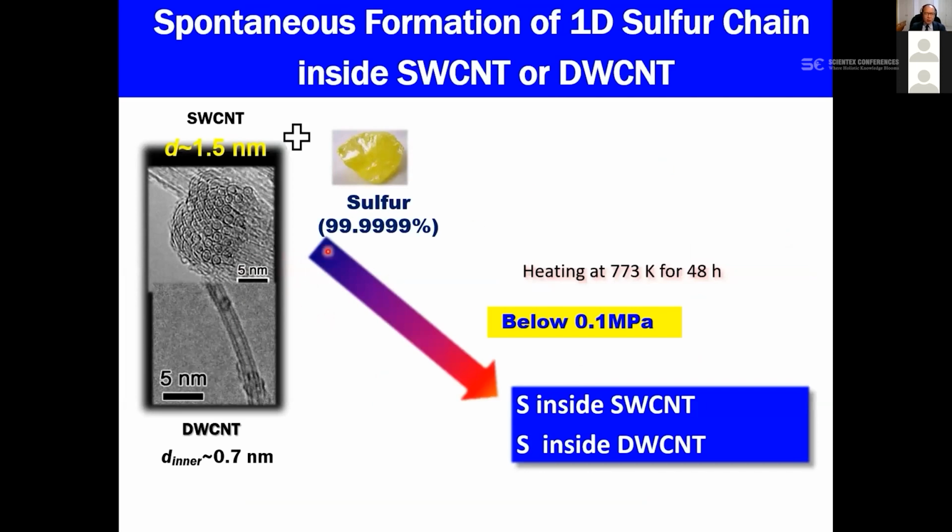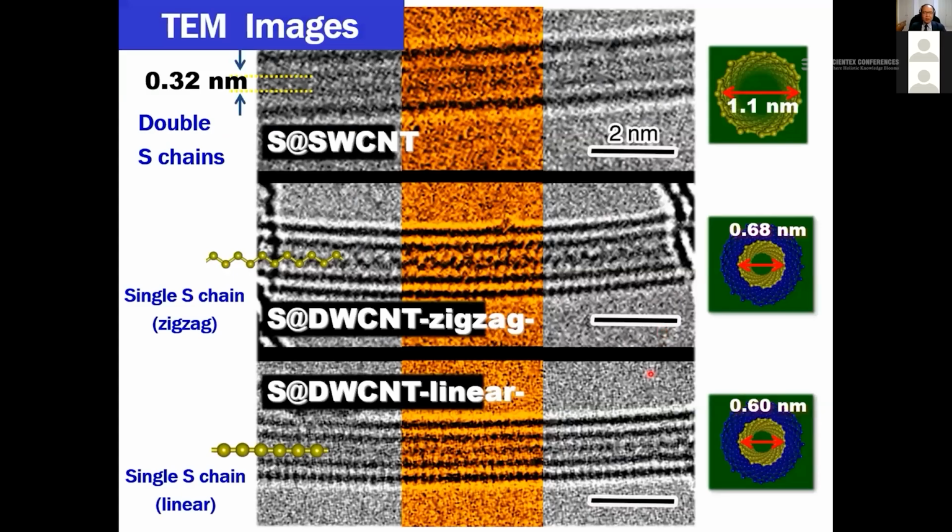We introduced the sulfur in vacuum, inside single carbon nanotubes and double carbon nanotubes, not under high pressure. Then we can get these kinds of TEM images. Could you see this one, a double carbon nanotube, 0.68 nanometers? You can see the zigzag chain of the sulfur.